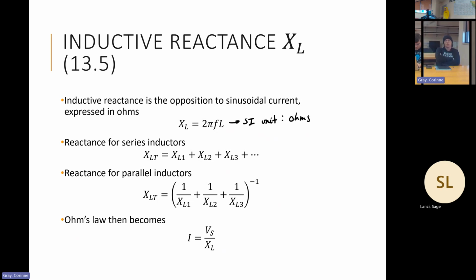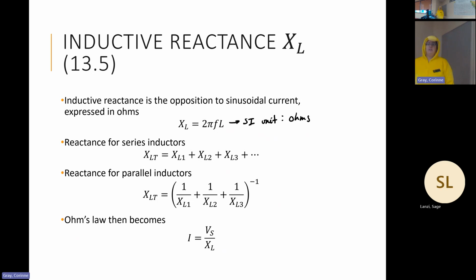What's the inverse? The 2 pi FL is the inverse of the capacitor version of it. Because for capacitors, the voltage and current relationship is inversed compared to resistors and inductors.